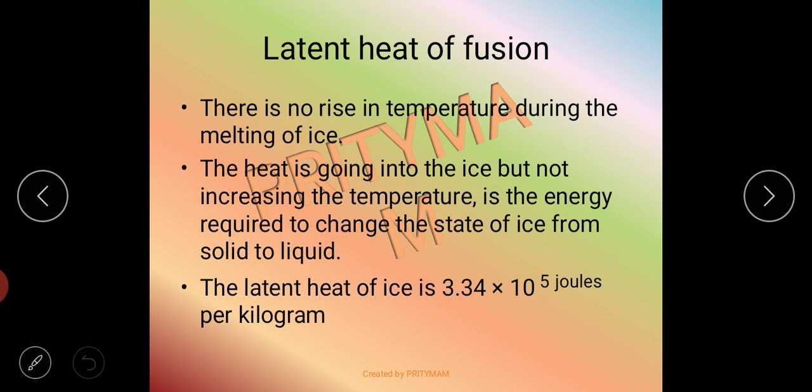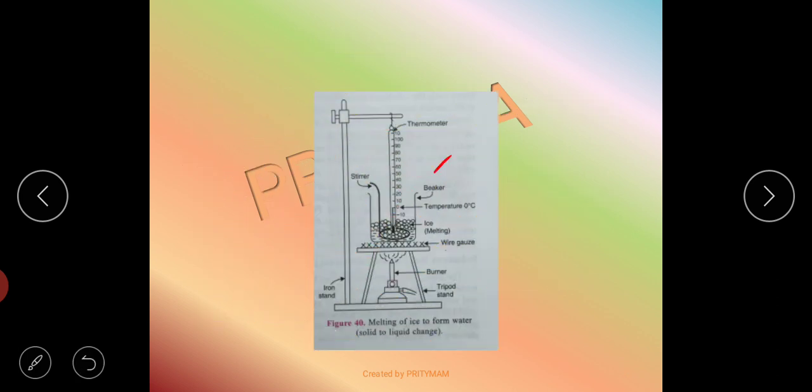What happens in that? To understand the latent heat of fusion, we will conduct one experiment. Here we have taken some crushed ice in the beaker and we have suspended a thermometer in it.